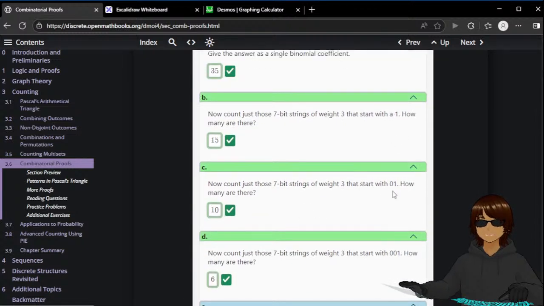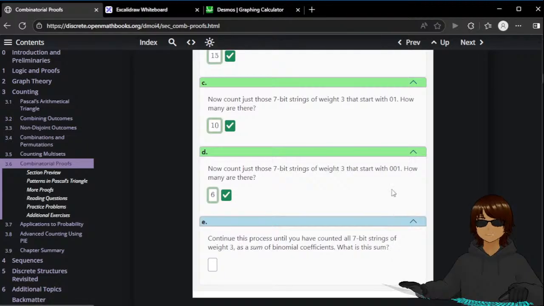So they did 1, then they did 0, 1, then they did 0, 0, 1. So now I have to do 0, 0, 0, 1.